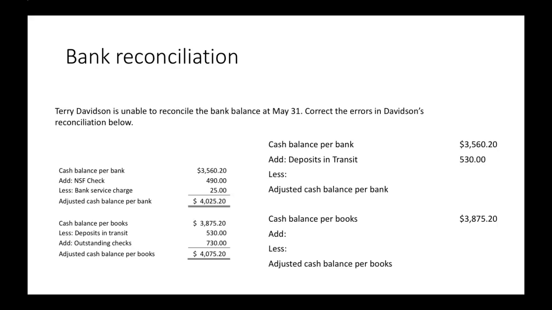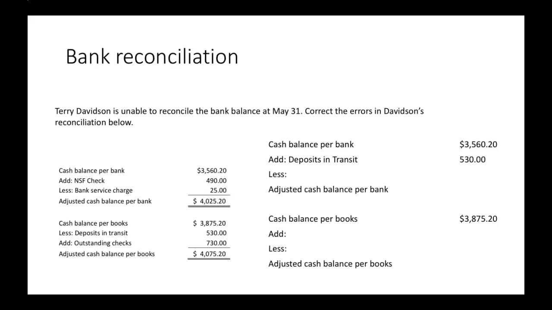So a deposit in transit, you can think of it this way. You own a company and you've recorded in your books that you've deposited $530. And then you tell one of your employees, hey, here's $530, drive this down to the bank for me and deposit it in our account. In the company's mind, they already have that money.